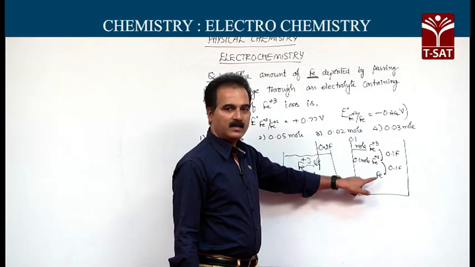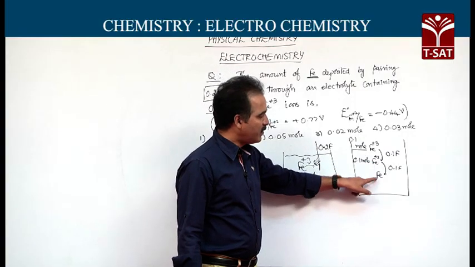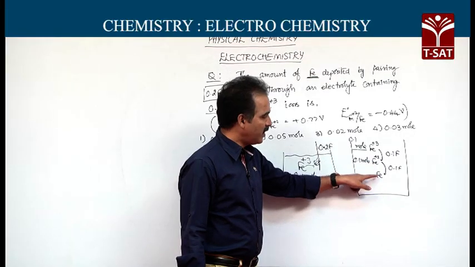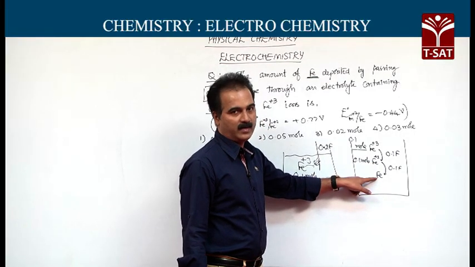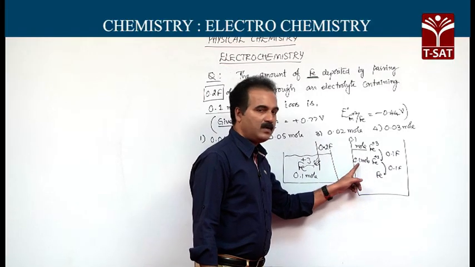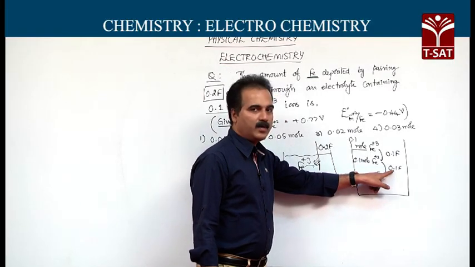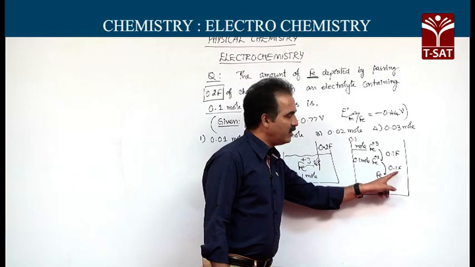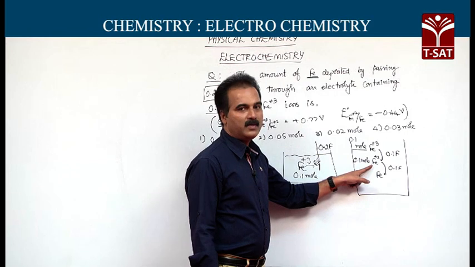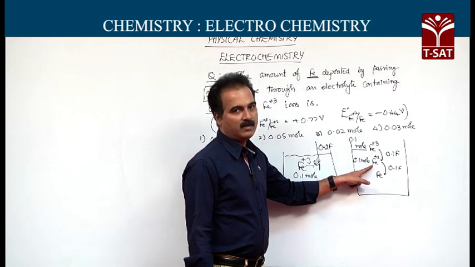As per this reduction, 2 Faradays are needed because the change is +2 to 0. 2 Faradays are needed for a complete reduction. For 1 mole, 2 Faradays are needed. So, for 0.1 mole, we really need 0.2 Faradays, but we have only 0.1 Faraday.